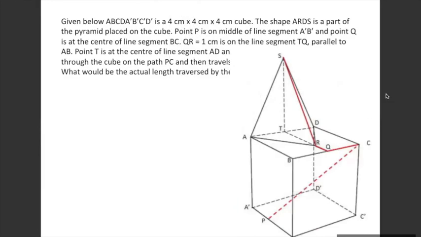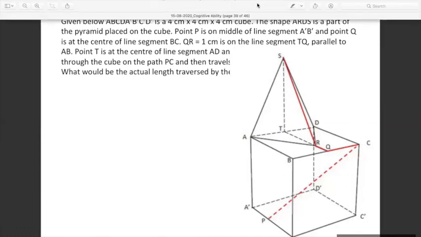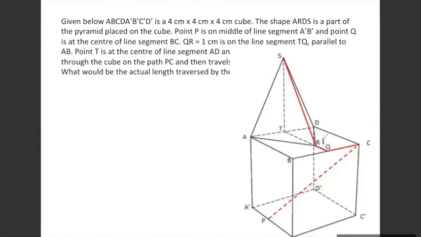This is a geometry based question. Okay. There's some data which is missing here. Sorry. Yeah, so what is given is QR is 1. This is 4.